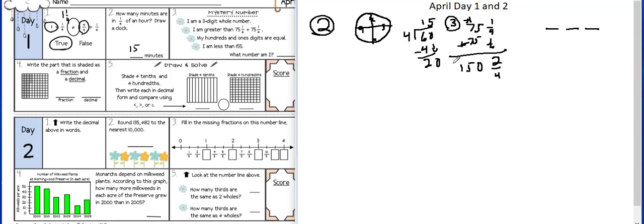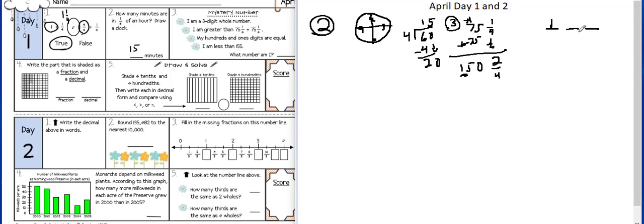So I know I'm greater than 150 and a half. My hundreds digit and my ones digit are equal. I'm less than 155. So I know that I'm going to have a 1 in my hundreds place because I'm bigger than 150 and a half, but smaller than 155.